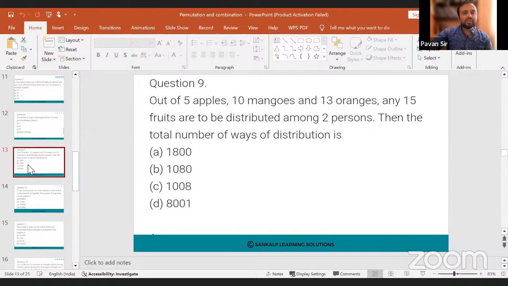Question number 9. Out of 5 apples, 10 mangoes, and 13 oranges, any 15 fruits are to be distributed among 2 persons. Then the total number of ways of distribution is what? The options are 1800, 1080, 1008, 8001.